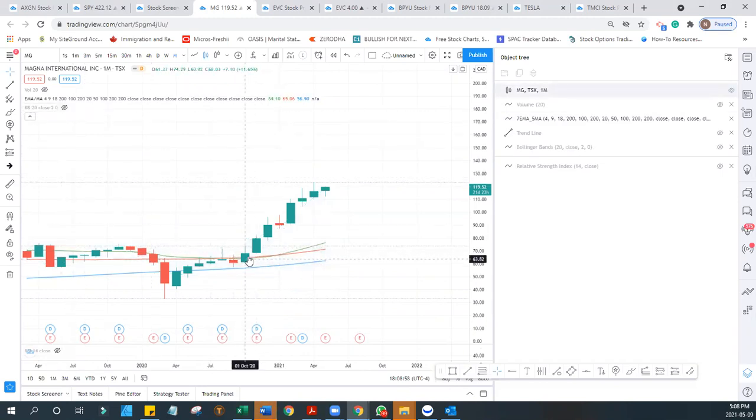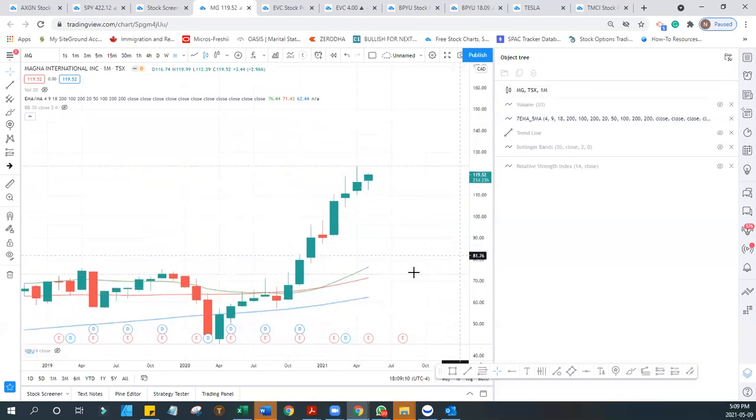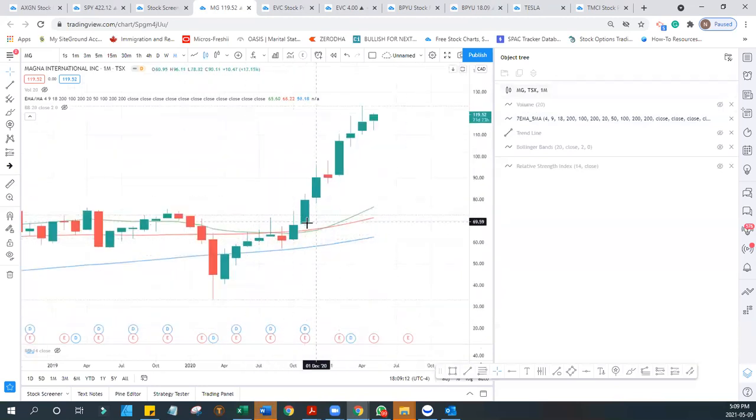On a monthly basis, if you get any stock at the 20 SMA, you go long, and your stop loss is below the 20 SMA. And here as well, on a monthly basis, the 20 SMA is crossing the 50 SMA. So that means price is very bullish, and within like 5-6 months, you can get those.